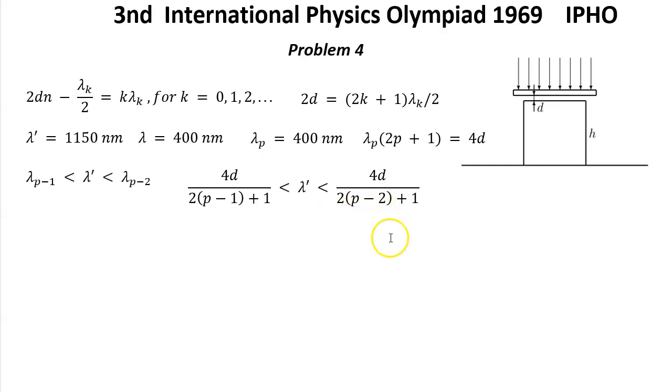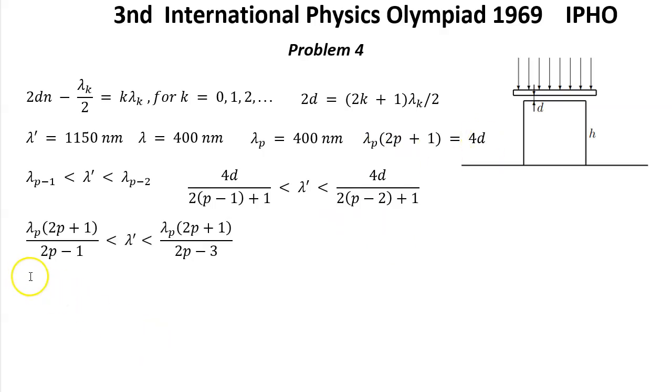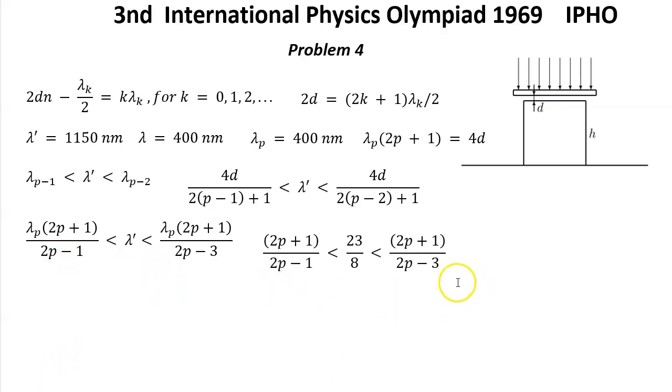Now substituting 4d into the last inequalities, with lambda_p equal 400 nanometers and lambda prime equal 1150 nanometers, we can subtract everything by 400 nanometers and we have these two inequalities.